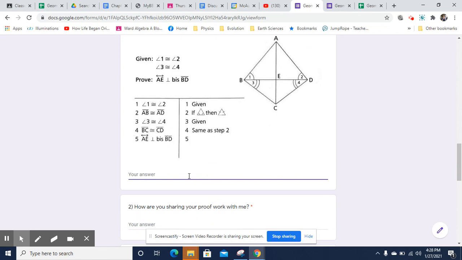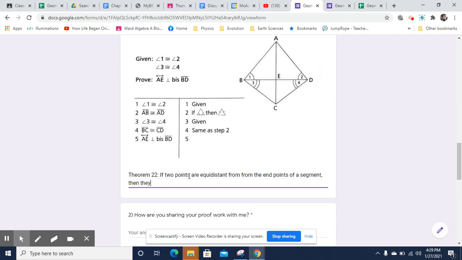If 2 points are equidistant from the endpoints of a segment, then they determine a perpendicular bisector of that segment. And that is the reason for statement 5. All right, I hope that has helped.